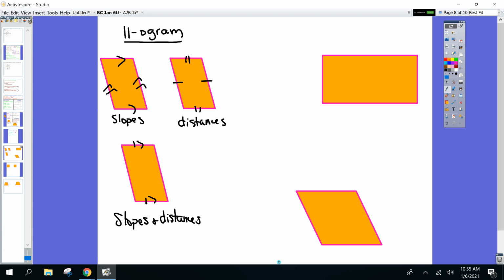How about a rectangle? What's the best way in a coordinate proof to prove a rectangle? Show it has 4 right angles. Okay, show it has 4 right angles. That's what I would recommend, and that's the way we did it in your notes. How do I do that, guys?